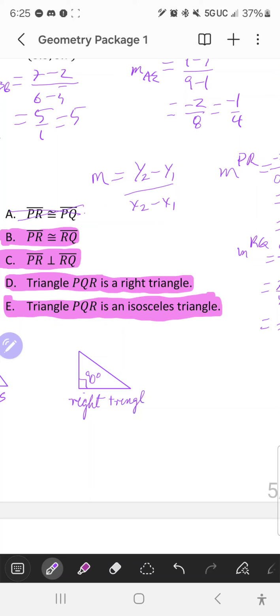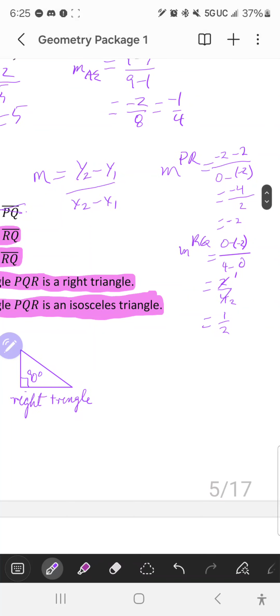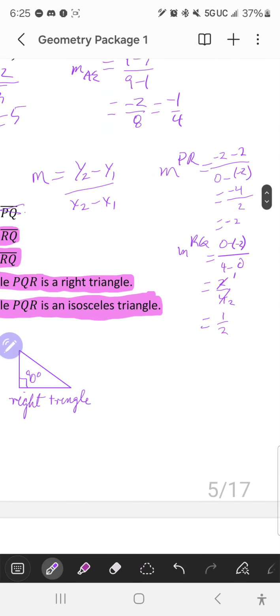Now, there is also an acute triangle. I forgot the name of the other one, but let me explain acute. An acute triangle could be something like this.